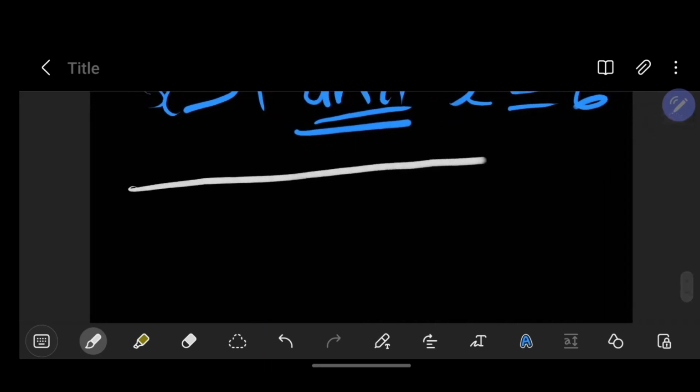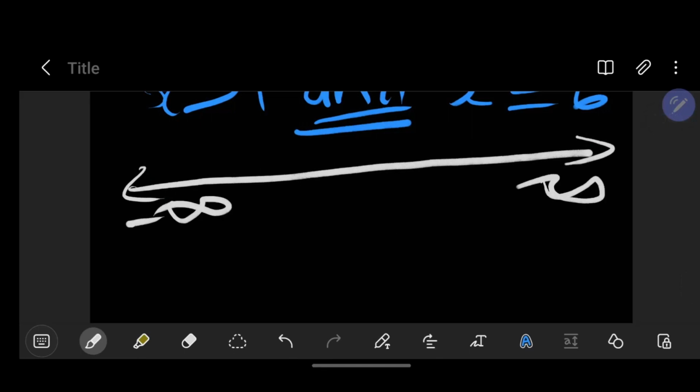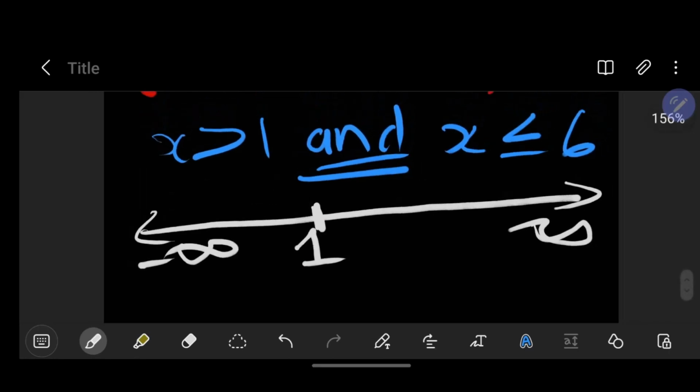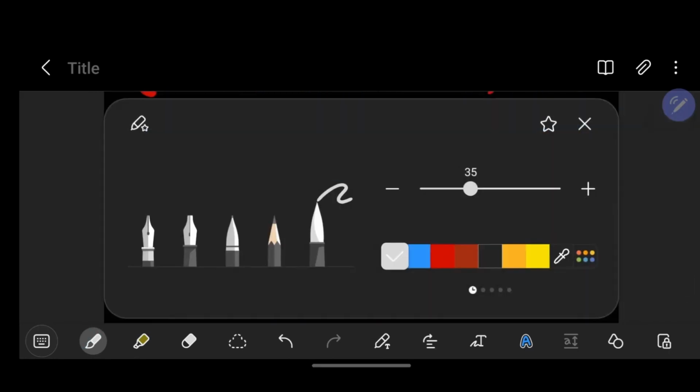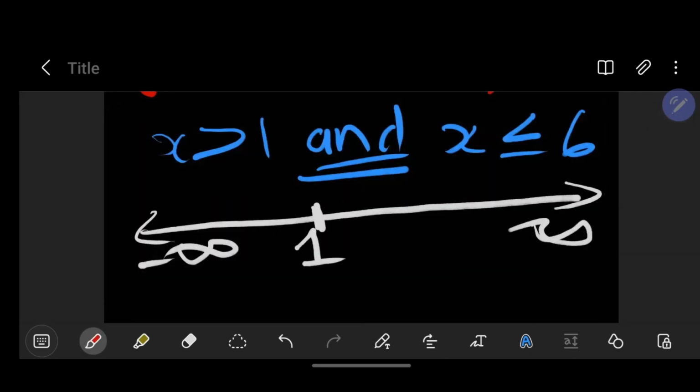We draw negative infinity to infinity, and we draw 1 here. x needs to be greater than 1, so an open circle, moving in the positive direction to positive infinity.